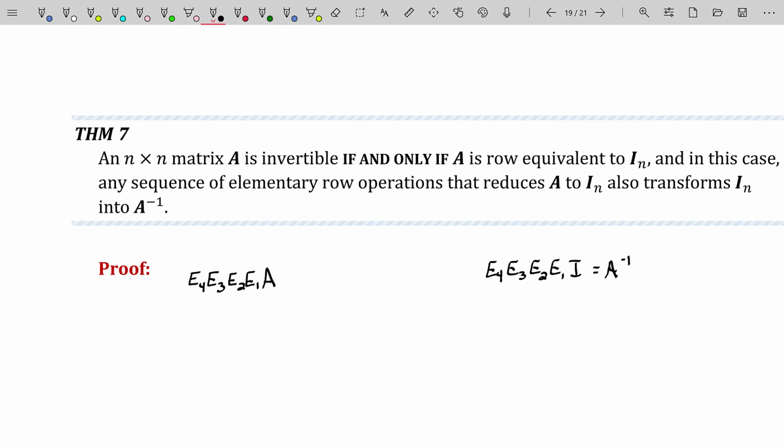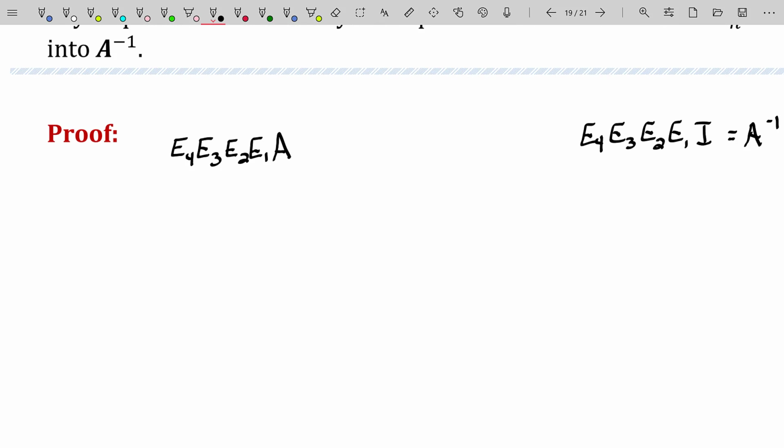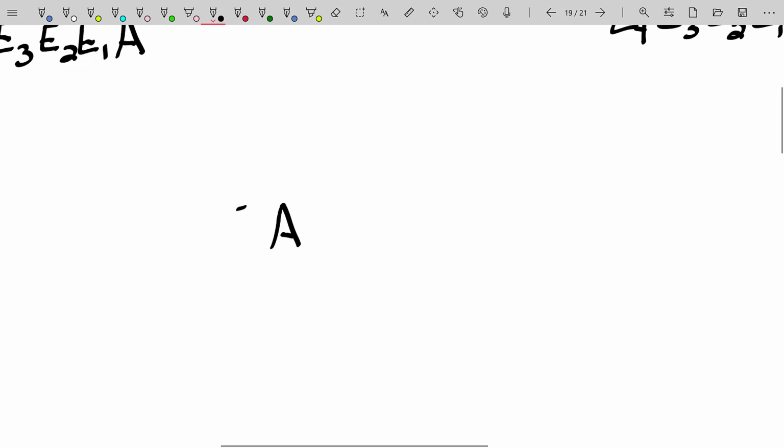So let's go ahead and start to outline the proof. And to do that, I'm going to keep it as general as possible. I'm still not going to do the full proof, but I know that if it can be done, we could take A and left multiply it by an elementary matrix, and we can keep doing that until we eventually arrive at, and I shouldn't use the subscript n there because A, I'm going to assume, is an n by n matrix, so I'll use subscript k here.